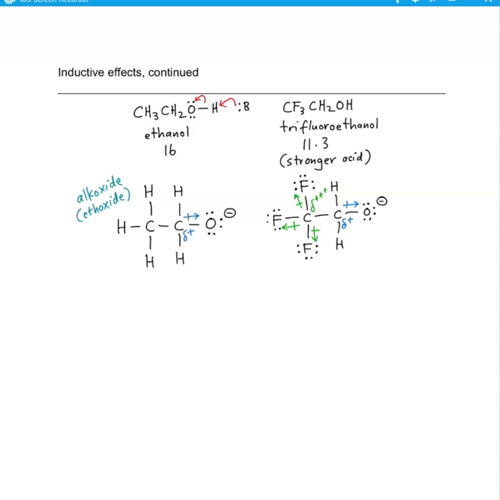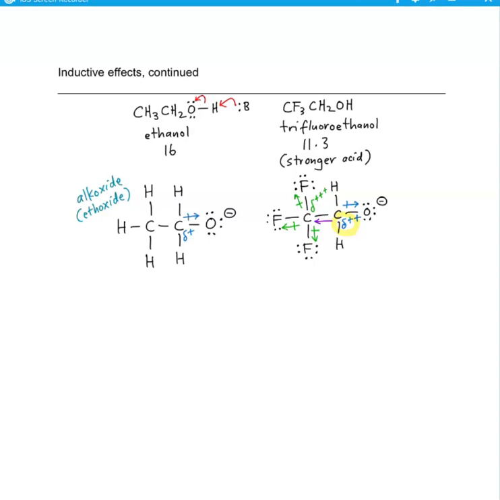Okay, so what's it going to do? As we saw on the previous page, it's going to borrow from the carbon next door to it. So it's going to pull electron density this way. What's that going to do to this partial positive charge? It's going to increase it because now that carbon, the one attached to the oxygen, is having electron density pulled away from it in two directions. So we'll call that partial plus plus.